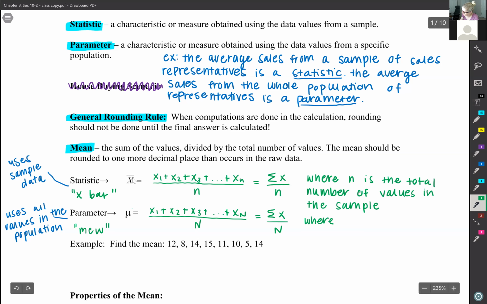And this is where capital N is the total number of values in the population.